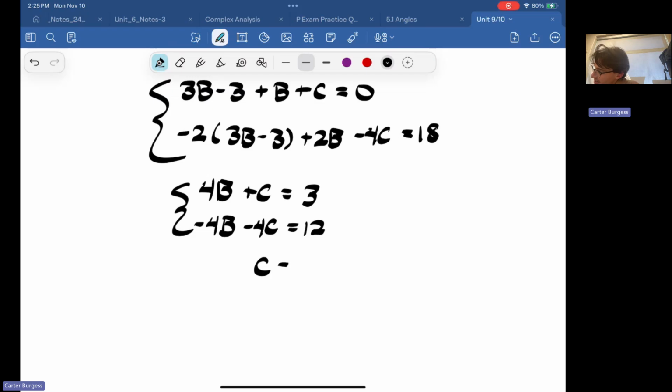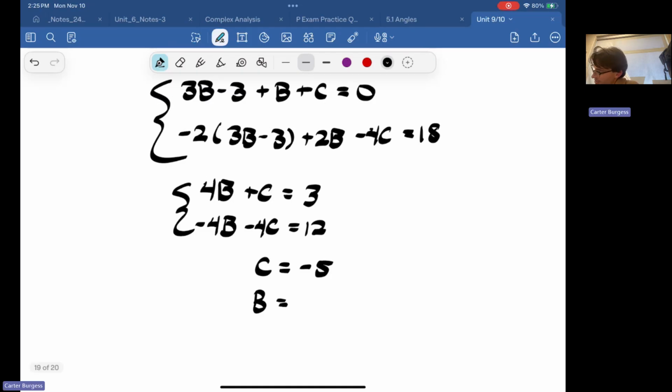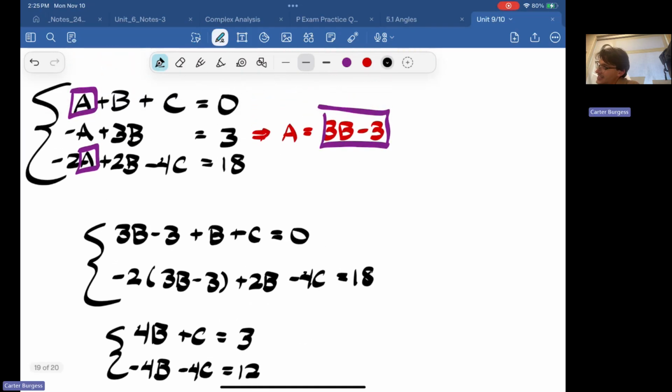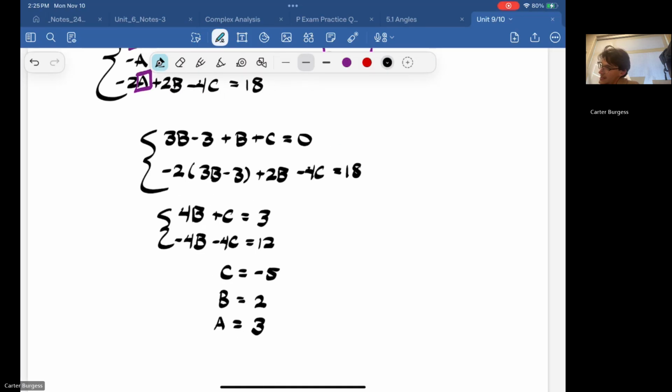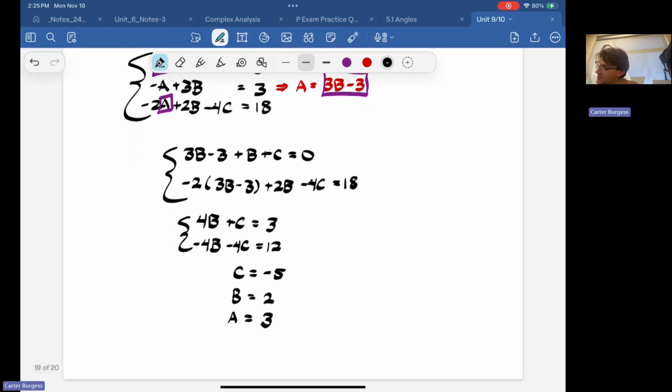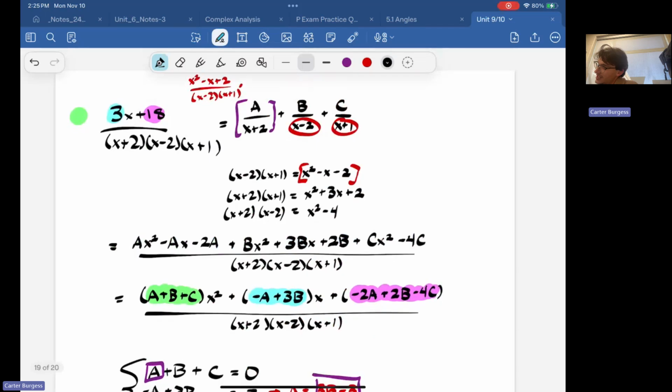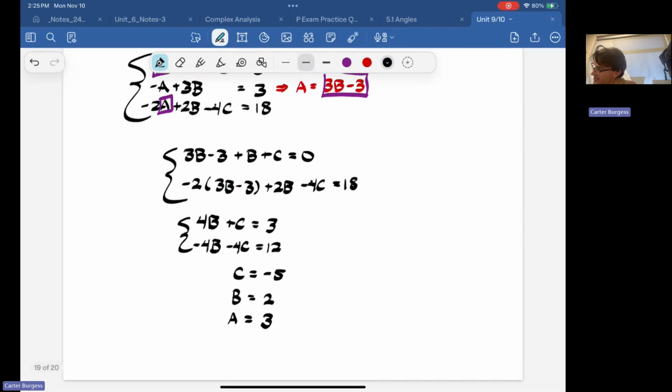What do we get for C? Negative 5. If C is negative 5, what are we going to get for B here? Yep, B would be 2. And if B is 2, what do we get for A? 3. Very nice. And so our decomposition, double checking which one was A, which one was B: x plus 2, x minus 2, x plus 1.